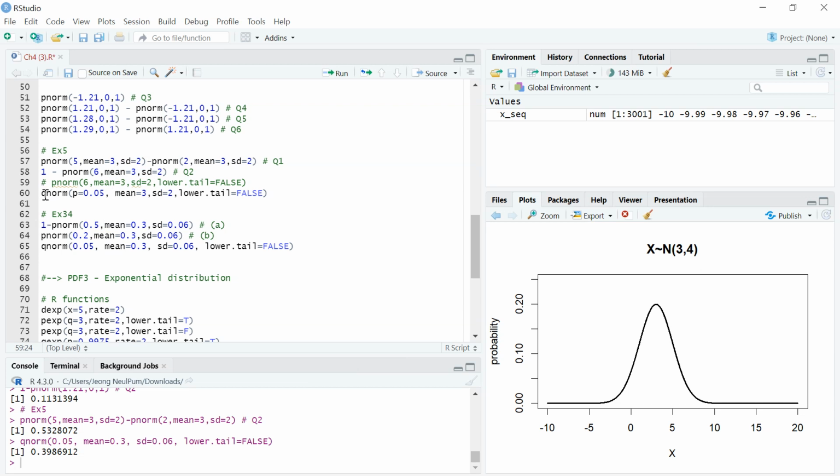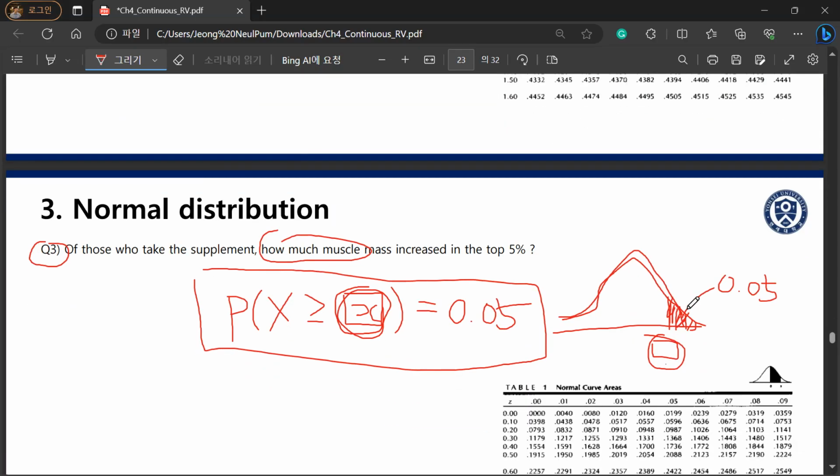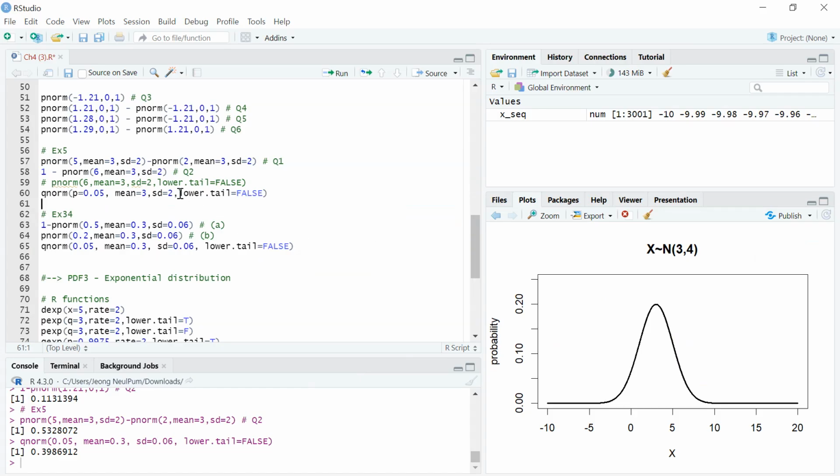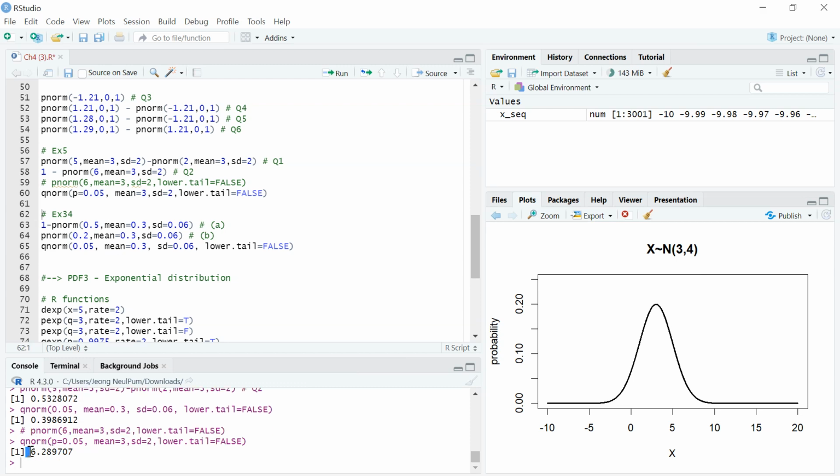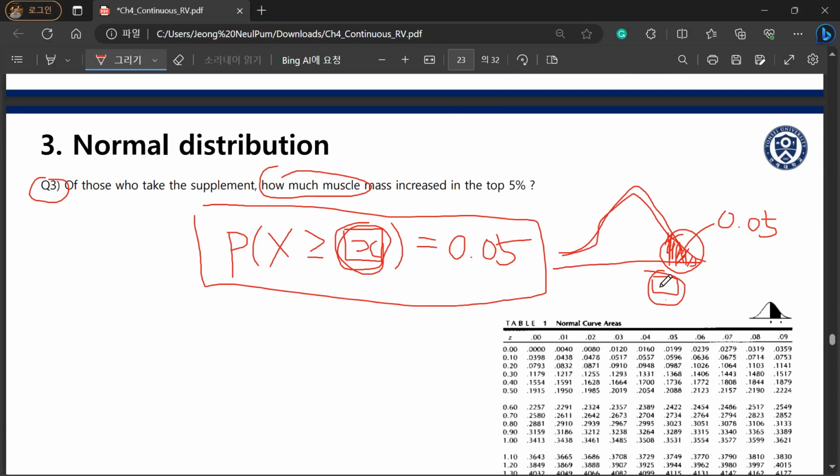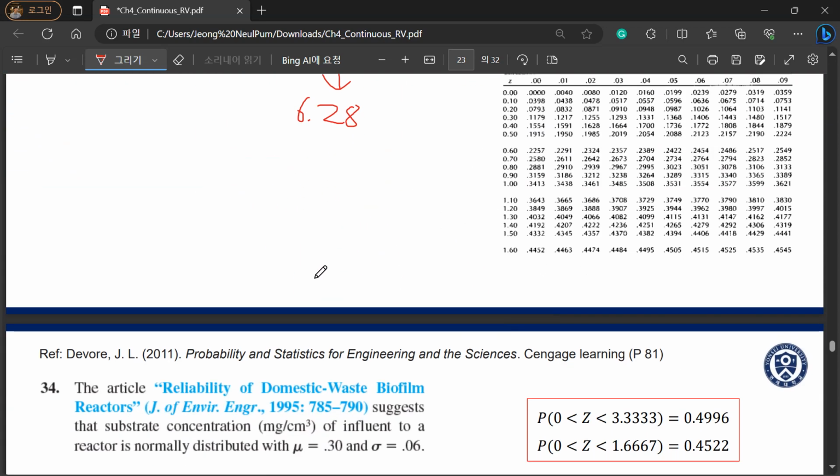Because we want the quantile value of the right side of our normal distribution, we have to set lower.tail as FALSE with this mean and standard deviation and the percentage value, this one. And the value is 6.28. So it means that it is 6.28 in our situation.